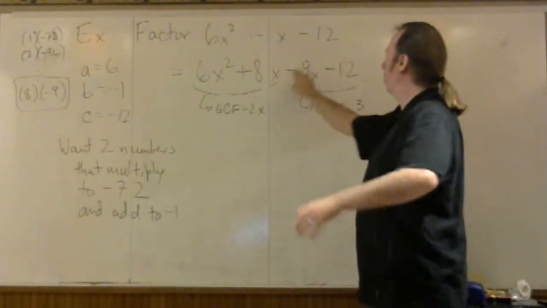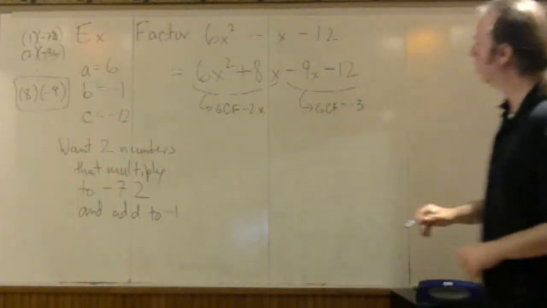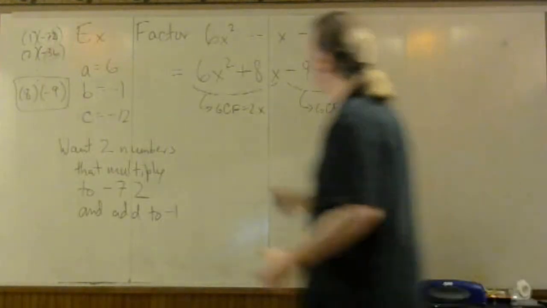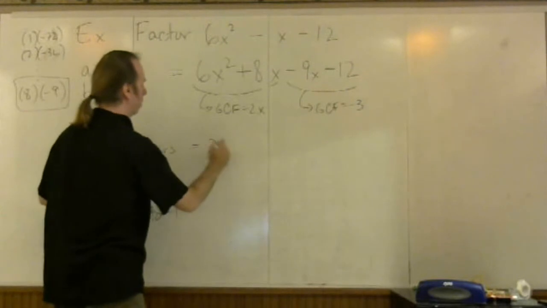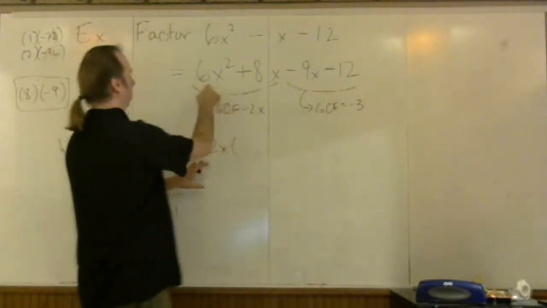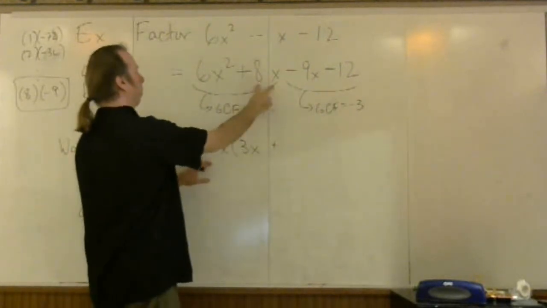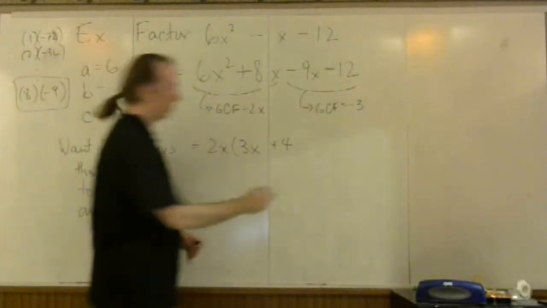And since these are both negative, I'm going to want to factor out that minus sign as well. So I do this factoring. I factor out the 2x from the first two. 2x, I'm left with 3x. And from the 8x, 8 divided by 2 is 4. And then the x's drop out.